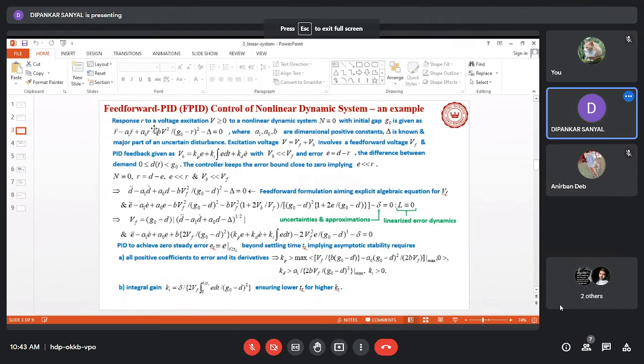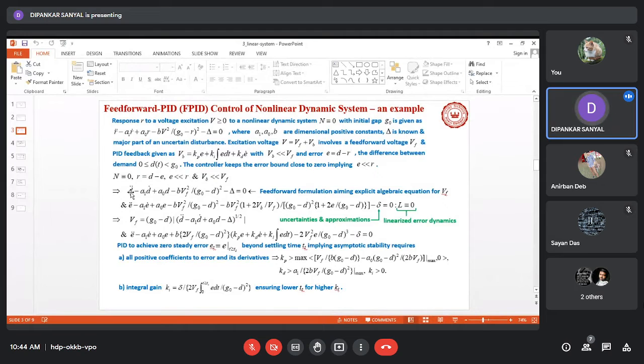So, starting from this nonlinear equation, we restructure it as this, and with these assumptions, the first part we can straight away say, if we substitute R by D and V by Vf, this equation will be reproduced corresponding to demand and the feedback voltage.